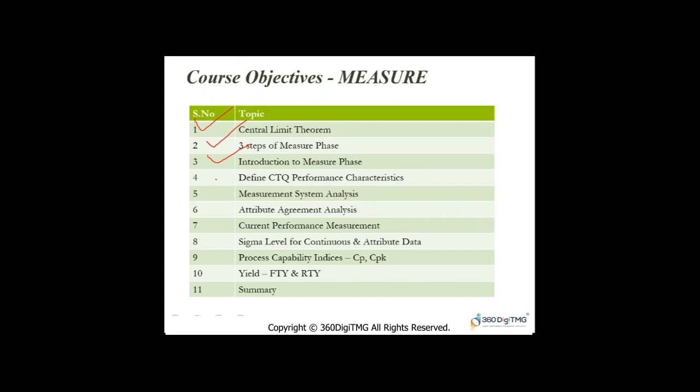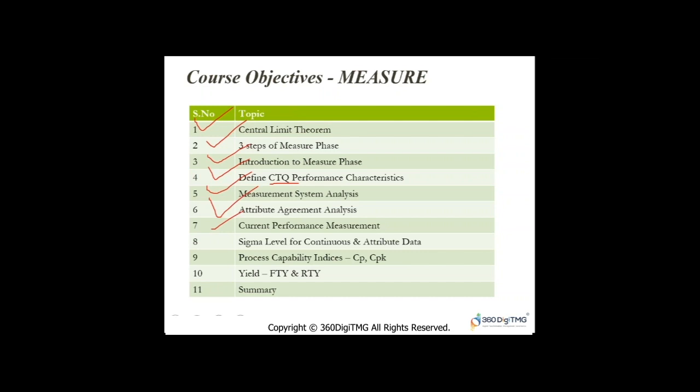We will define critical to quality performance characteristics. We will look into measurement system analysis. How do I ensure that the measurement system is reliable? I need to collect the data and I want to make sure that the measurement system which I have is robust, is foolproof. Within that, we are going to look into a technique called attribute agreement analysis.